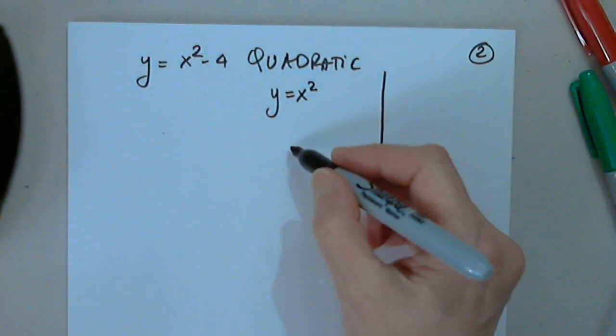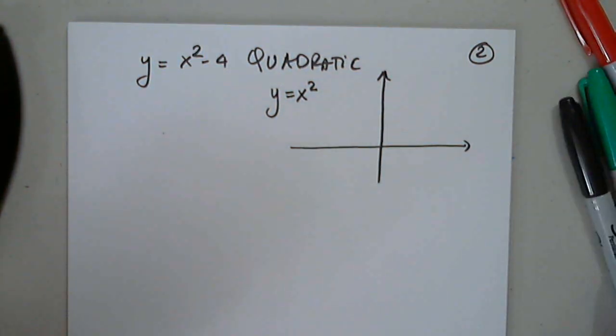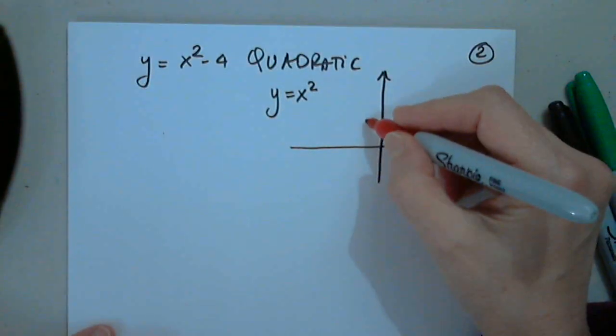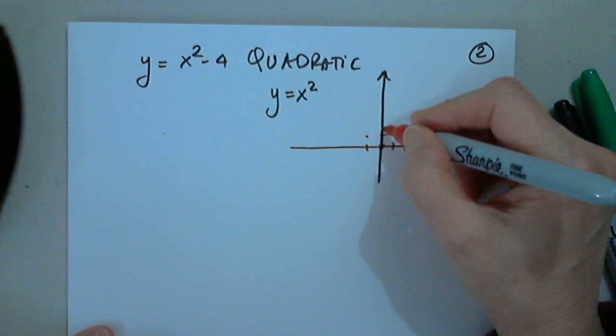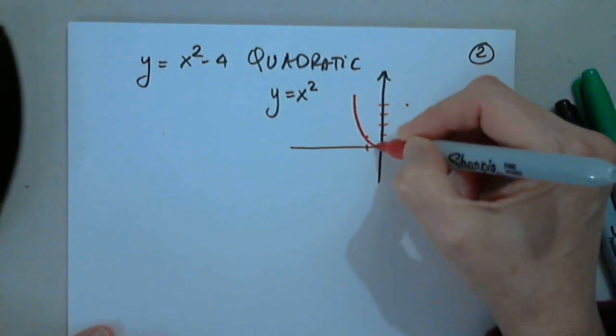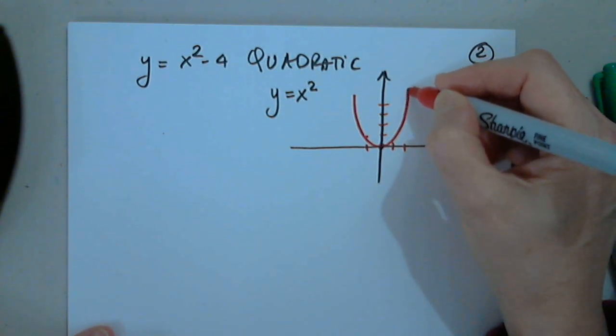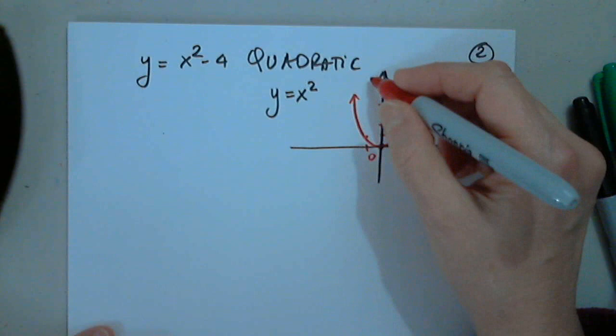And please try to remember the graph. It's the easiest quadratic function. It goes through 0, 0, 1, 1, 2, 4, as you know, and so on and so forth. So here's the graph of the simplest quadratic function ever.